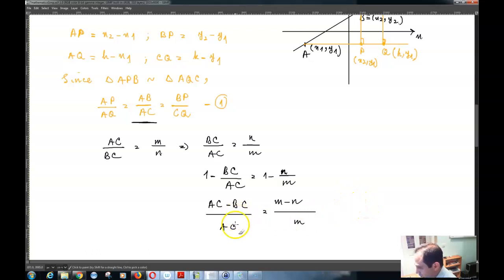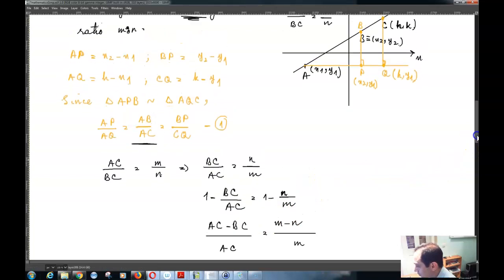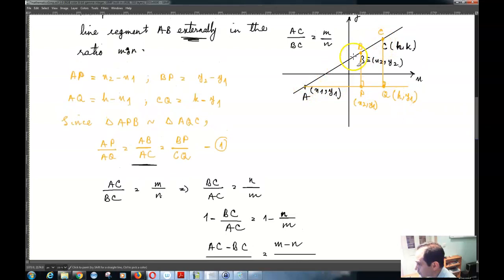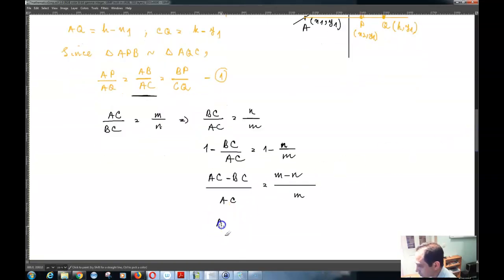So AC minus BC is equal to AB, as you can see over here. So I can write AB to AC is equal to M minus N to M. Now this is AB to AC, so now we have all of these ratios.